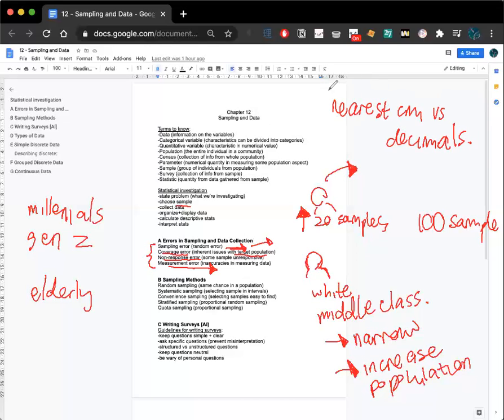So depending on your experiment, using nearest centimeters compared to decimals can be a very big thing.